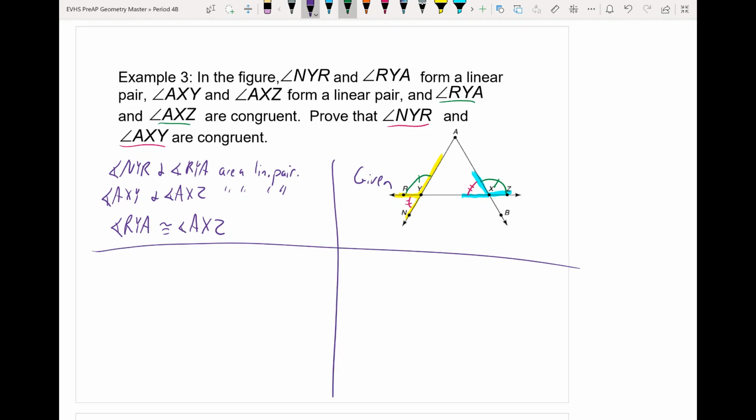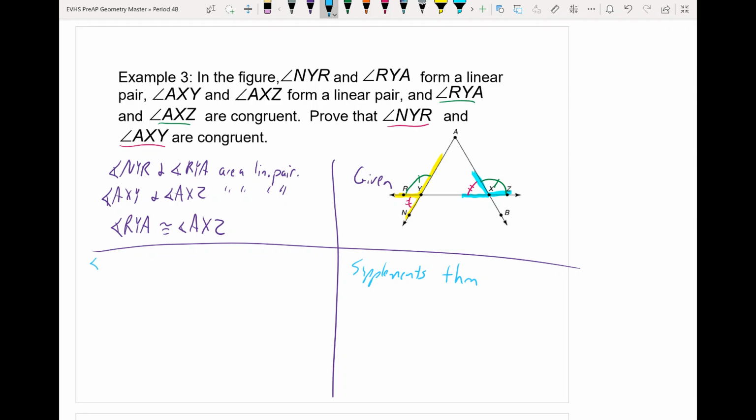All right, let's review what we have here. It says these two are a linear pair. Well, I know that my supplements theorem says that when I have a linear pair, then those two are supplementary.